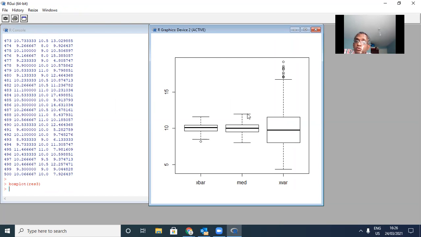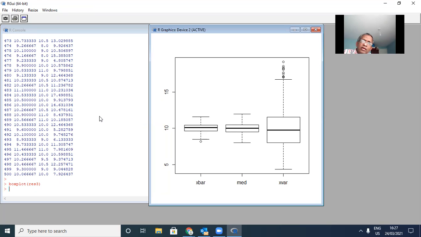The second is for the 500 numbers on the sample median, and the third is for the 500 numbers on the sample variance. As you can see, the variability is largest for the sample variance. For the first two, there's not much you can pick; the variability for the sample mean and the sample median are pretty much the same. They look pretty close to each other.